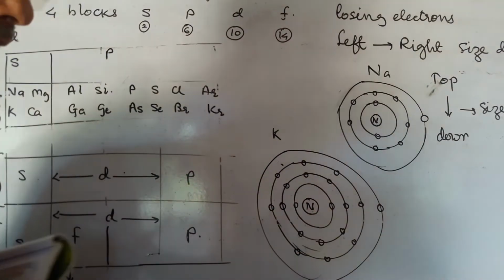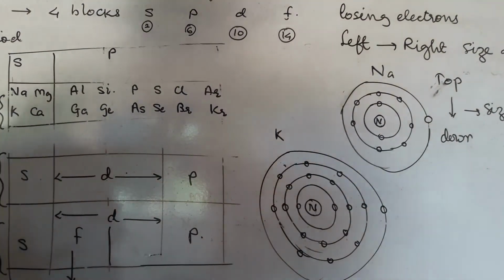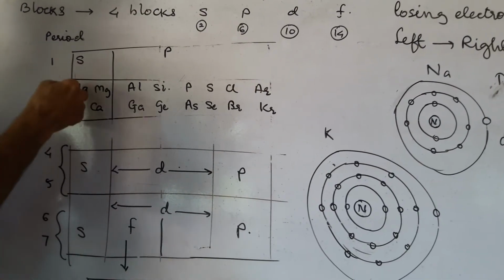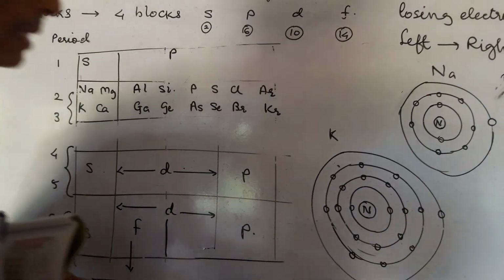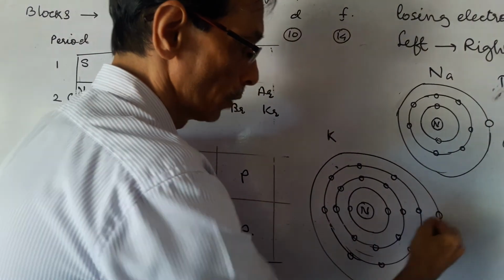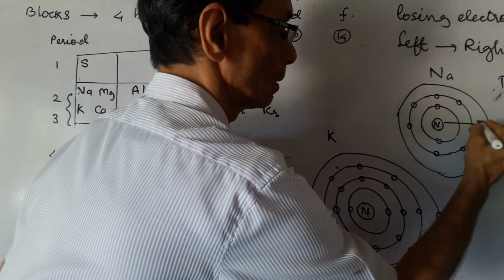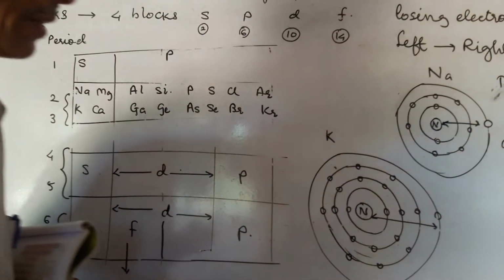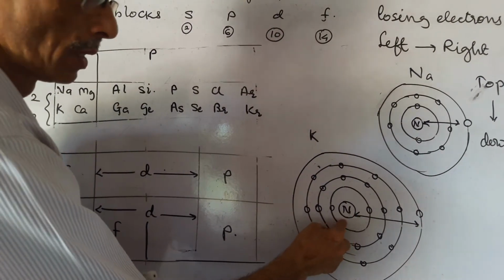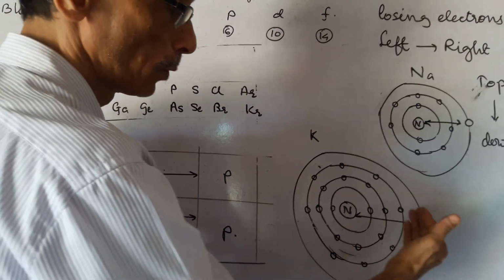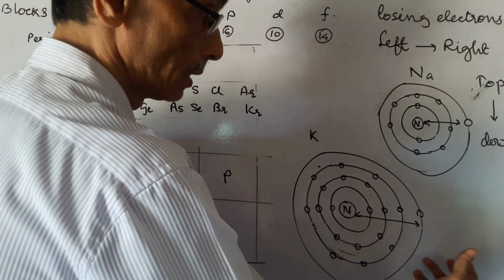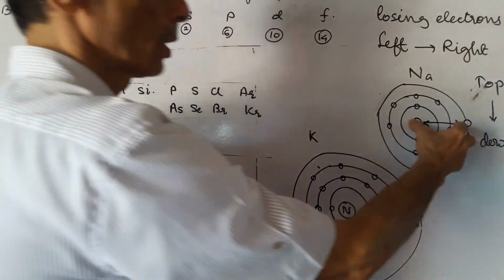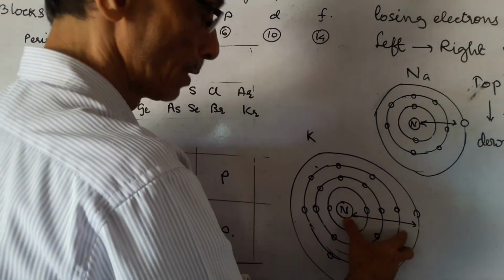As the number of orbits increases, the size increases, and therefore from top to down, the size increases. As the size increases, the electron goes away. Here the electron is closer, and here the electron is far off. And therefore, in potassium, the tendency of losing an electron is more than in sodium. The sodium electron cannot be lost as easily as in potassium.